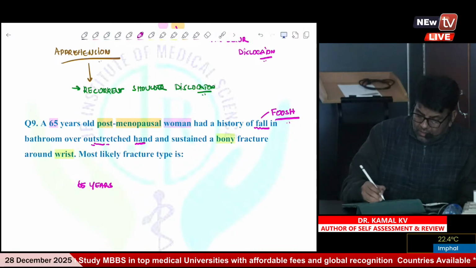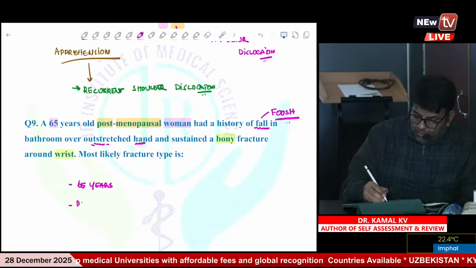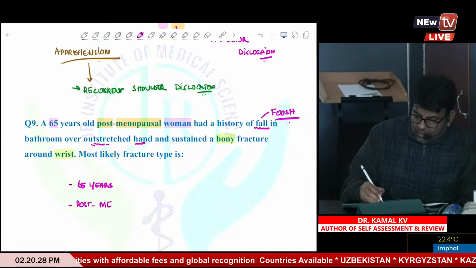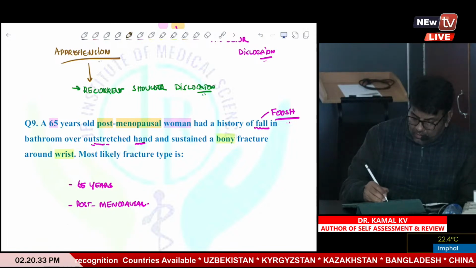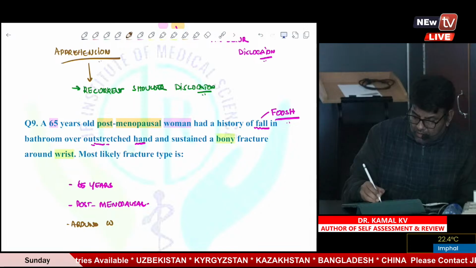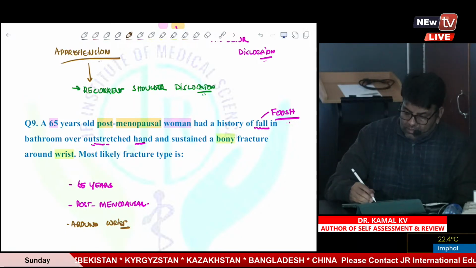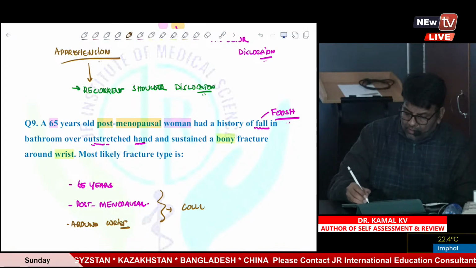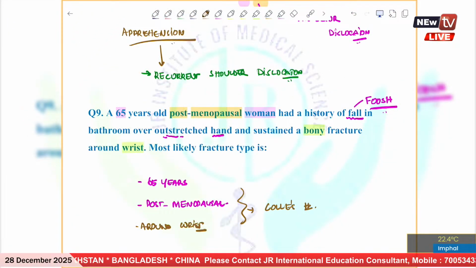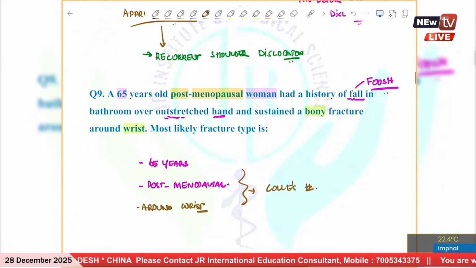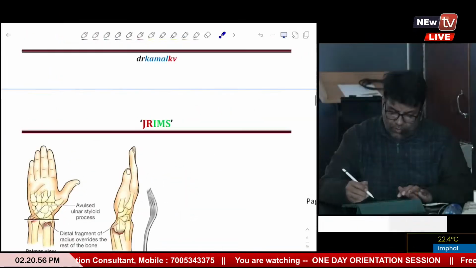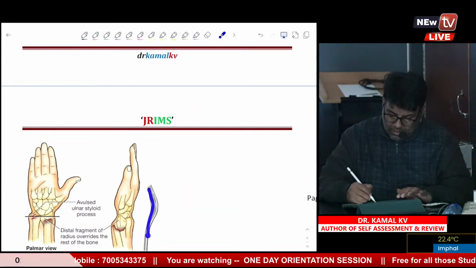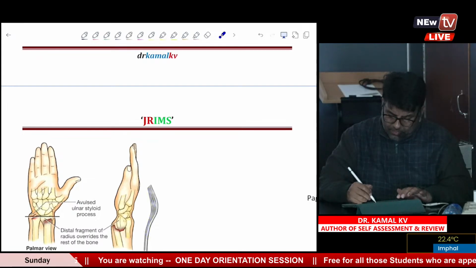65 years, post-menopausal, around the wrist. This is Colles. Which fracture? Colles fracture. Clear? So here you can see the Colles fracture with the classical dinner fork deformity.